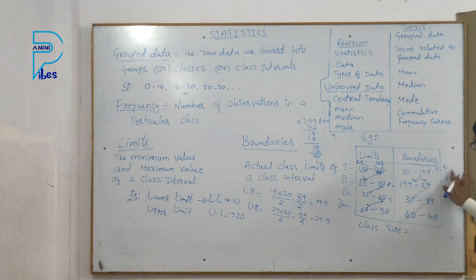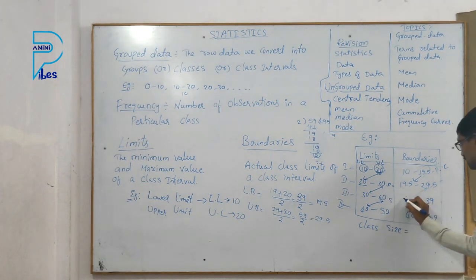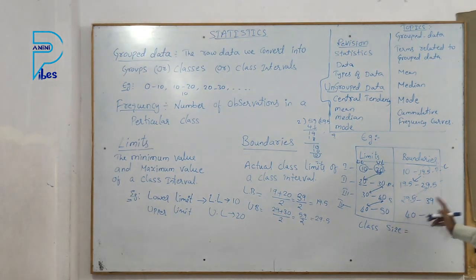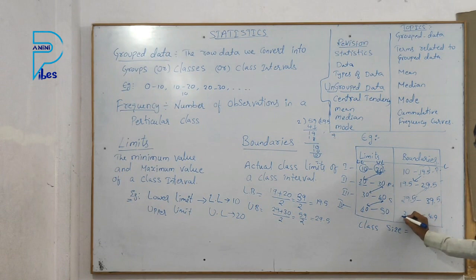So here, after finding the average, I will get upper boundary as 29.5 and here I will get 29.5. After solving these also, we will be getting 39.5, and here also we will be getting 39.5. Okay, so here I will be getting 0.5.